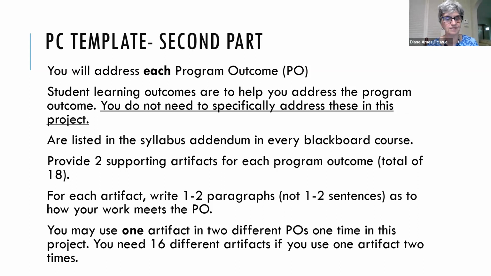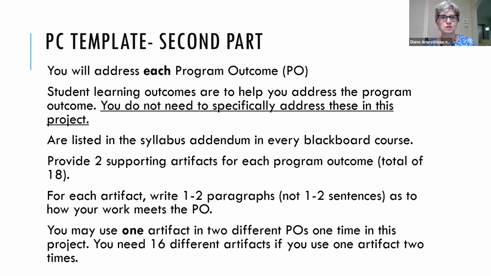Otherwise, you have to have 2 different artifacts for each of the other program outcomes that are left. I hope you get that, because I know sometimes the master's students confuse this. I've had some students use the same paper 3, 4, 5 times in the portfolio, and I have to send it back and have them do it over again. It's only one paper that you can use 2 times in different program outcomes.